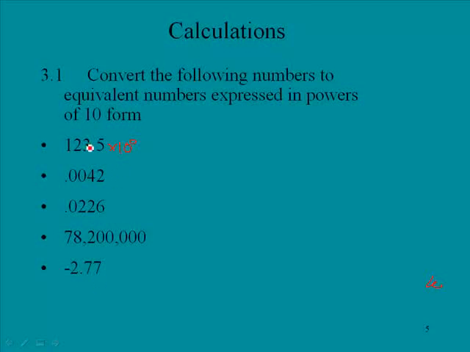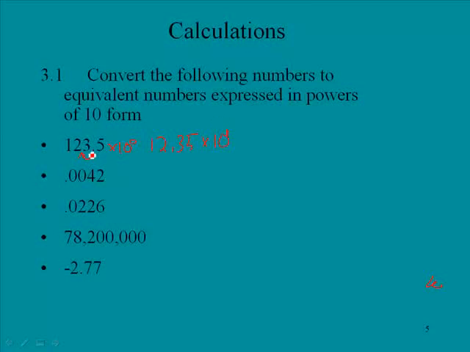So let's take this first number and let's move the decimal place 1 point. So that would be 12.35, and since we moved the decimal point 1 place to the left, the exponent would be a positive 1.